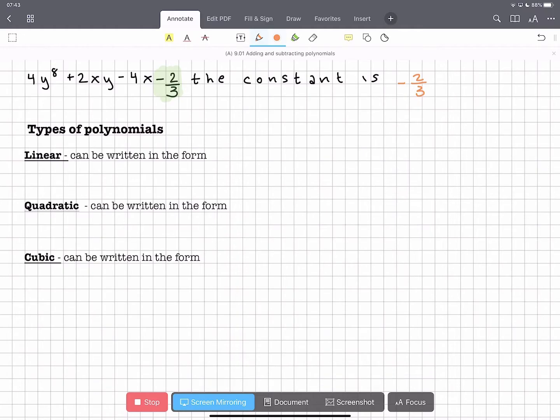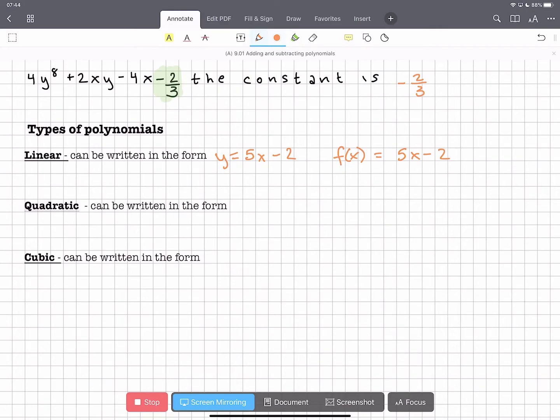So for example, 5x minus 2 is linear. I could write that as y equals 5x minus 2. I could also have done that in function notation. Right, that's linear. It's got a slope of 5 and a y-intercept of negative 2.